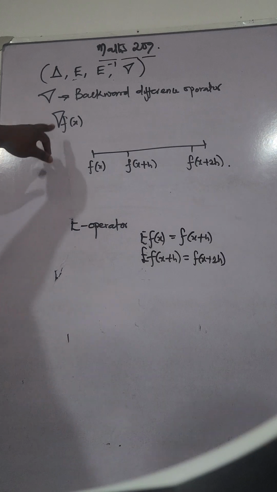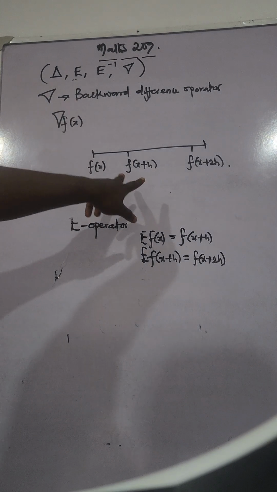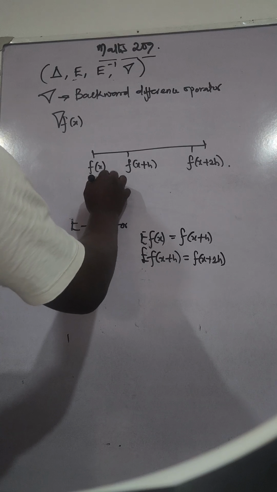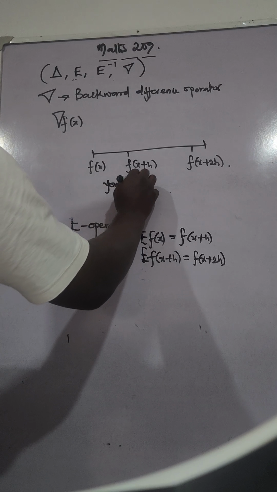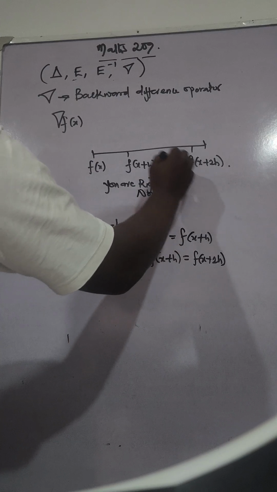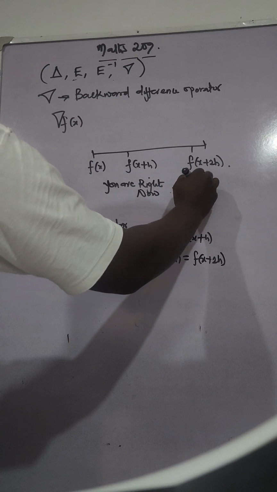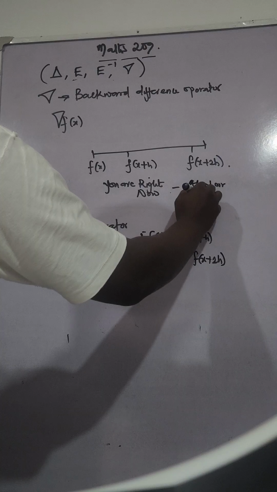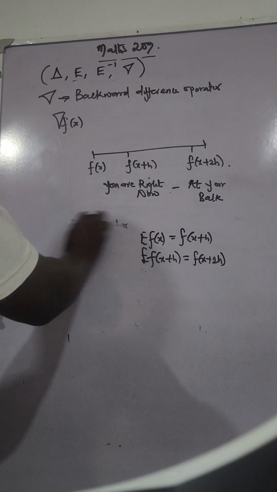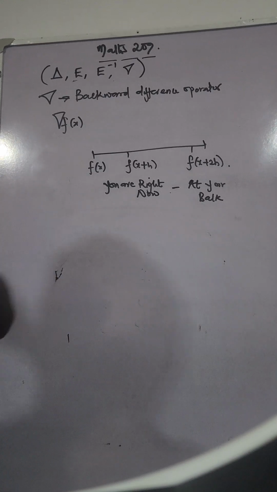Now the backward difference of f of x means where you are right now, minus what is at your back. Is that clear? So I don't want you to start making these mistakes again. Do you get it?